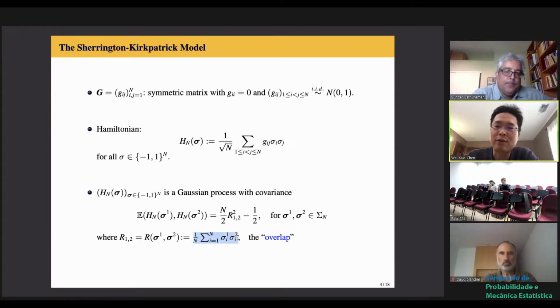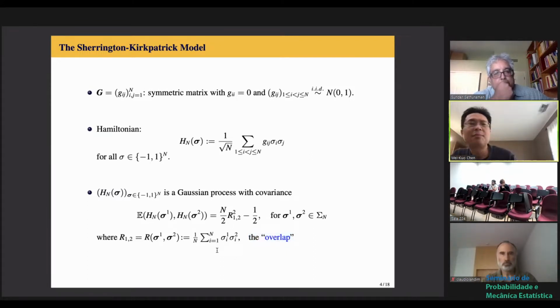If I want to compute a Gibbs average of this, somehow, since 1 and 2 are independent samples from the same Gibbs measure, what you see is indeed just the second moment, I should say the square of the local magnetization. Essentially, this is the most important quantity and can be simplified as the local magnetization.